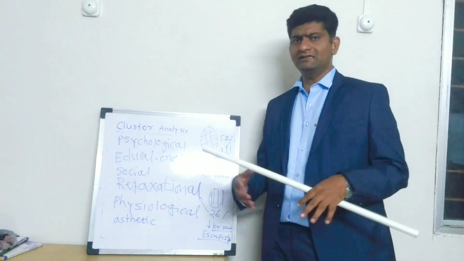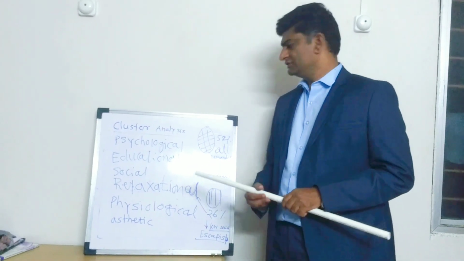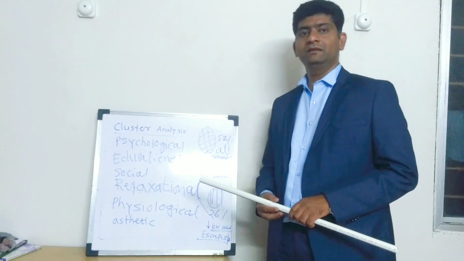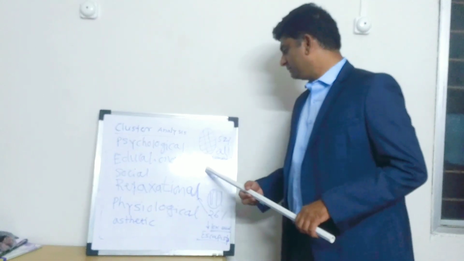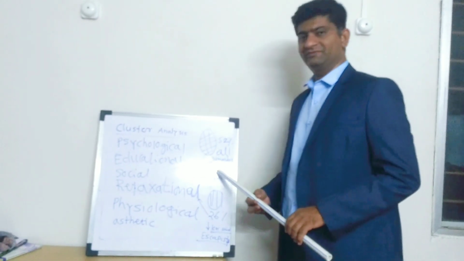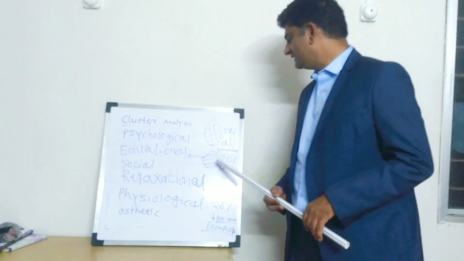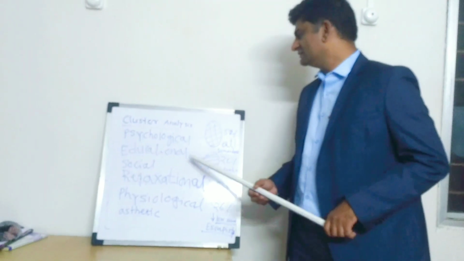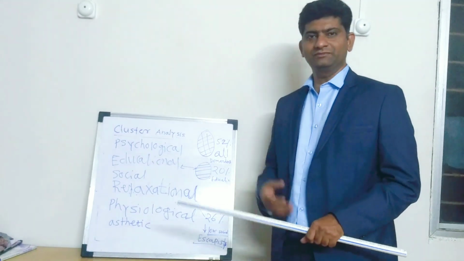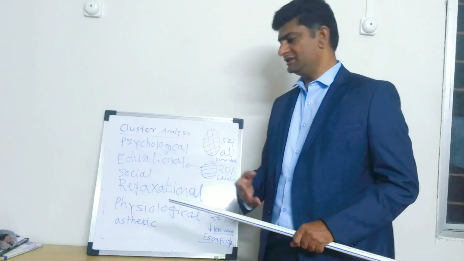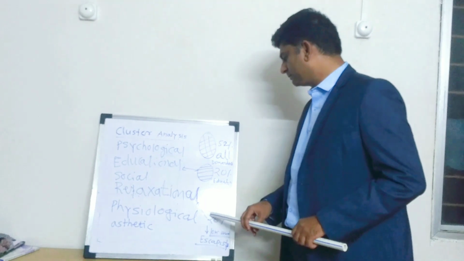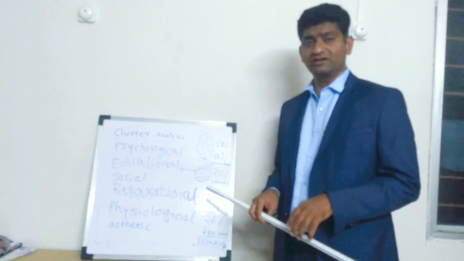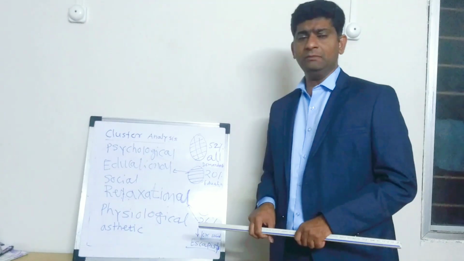They wanted many things in one vacation. So they were labeled as demanders. The next group of people were educationalists. 20% of the people were labeled as educationalists because they visit other countries to learn something, to take certain knowledge. And the last group consists of around 26% of people.